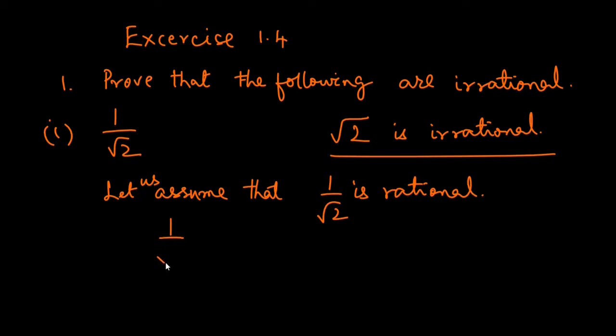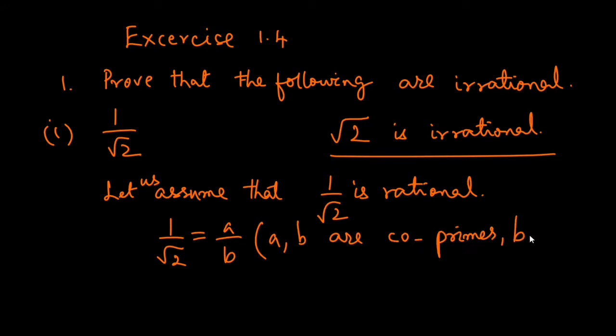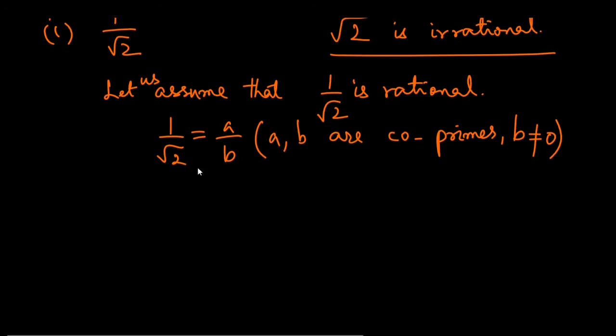Now 1 by root 2 can be written as a by b, where a and b are coprimes and b is not equal to 0. So here just by rearranging or simply by exchanging denominator and numerator, we can write root 2 is equal to b by a. Now let me show you the rearrangement.